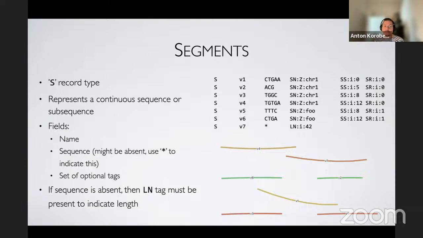The sequence might be absent, and then you usually use the star character to represent that it's absent, plus a set of optional tags like here. If the sequence is absent, we still need to know the length of the segment, and for this, a special tag must be present to indicate that length. So if you just drop this file into Bandage, it will just show us this set of non-connected segments.